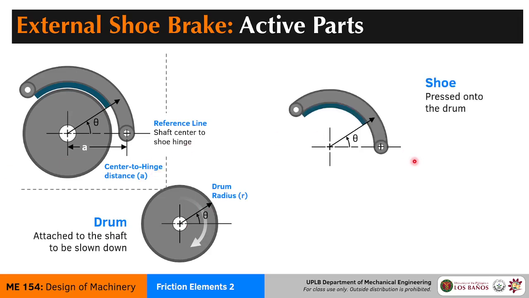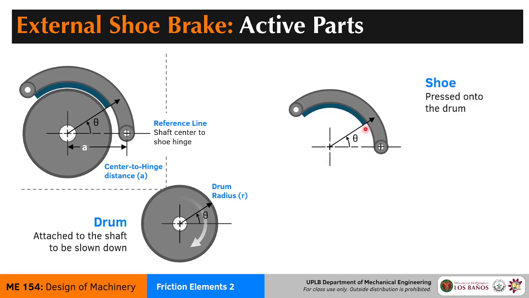The shoe is quite interesting because it is interacting with two different angular coordinates. On one hand, it is interacting with the drum. Part of it, especially the frictional surface, is interacting with angle coordinate theta.